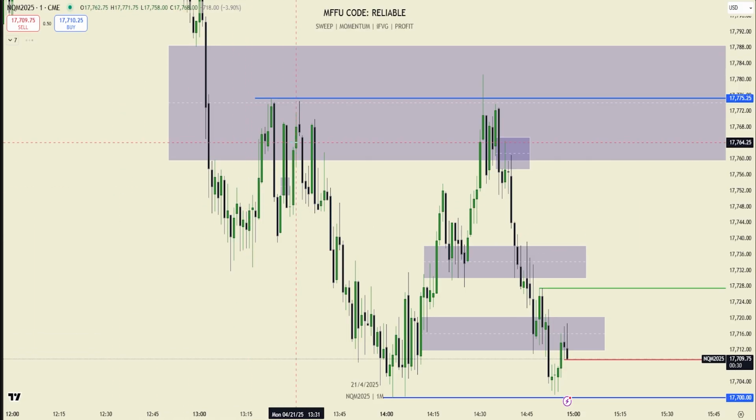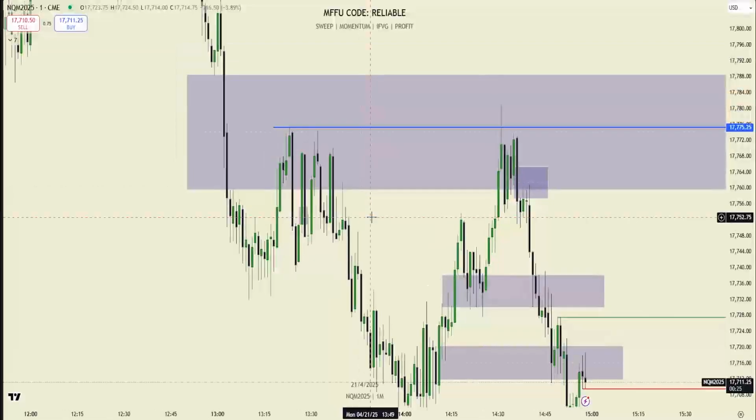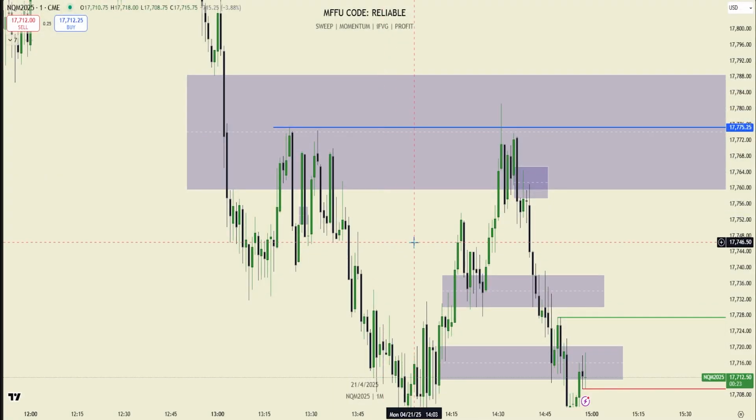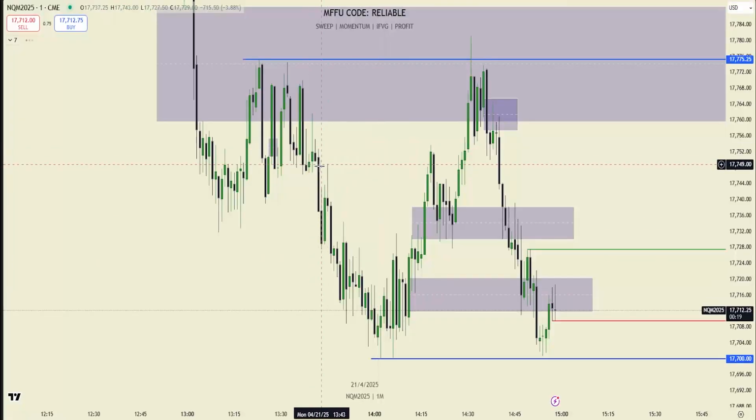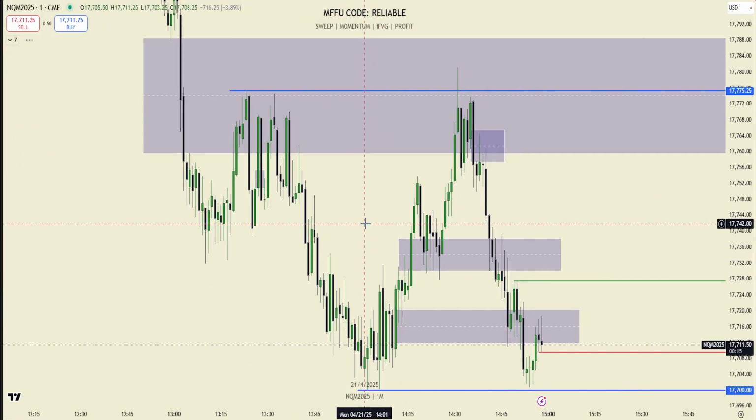Well, you have ERL, and then you have ITHs and ITLs, right? And ITHs and ITLs are IRL, internal range liquidity, external range liquidity. I don't know, there's a million and one different ways to define things.